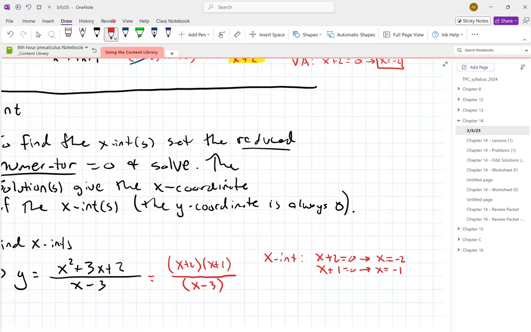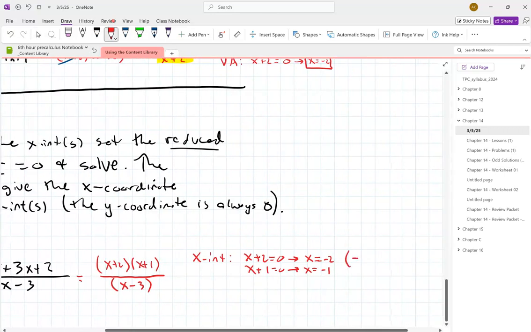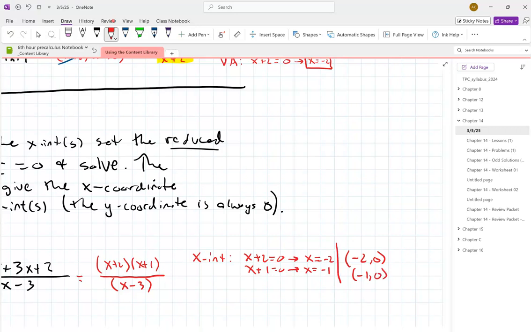And I'm going to be very careful here. I'm going to write my x-intercepts always as points rather than x equals -2 and x equals -1. I'm choosing to do that because I also potentially have vertical asymptotes in the same problem, which are going to be written as x equals some number.